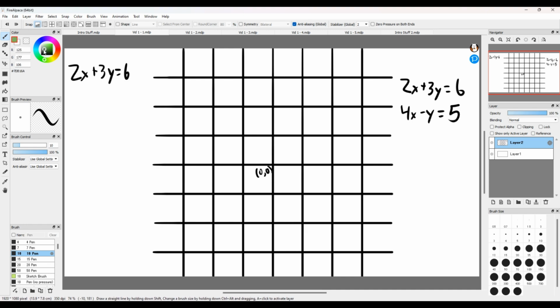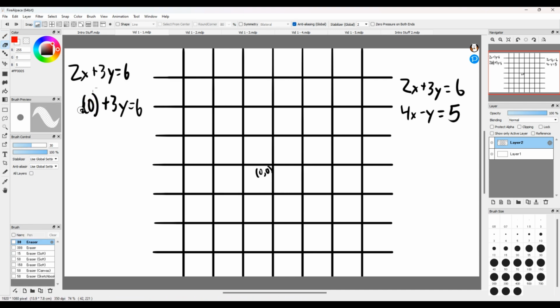So let's set x equal to 0. Then 3y equals 6. So this 2x absolutely just cancels out. No more. Gone. Multiplied by 0. For now, we will come back to it.